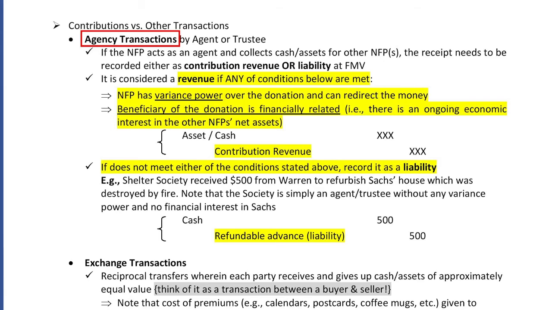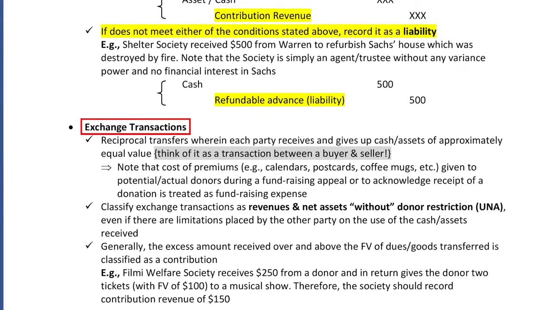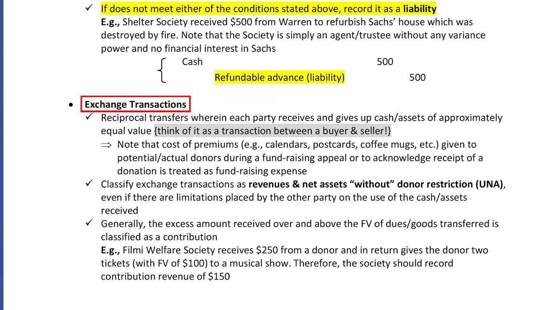Next, put a box around exchange transactions. These are reciprocal transfers wherein each party receives and gives up cash or assets of approximately equal value. Now, classify exchange transactions as revenues and net assets without donor restrictions.